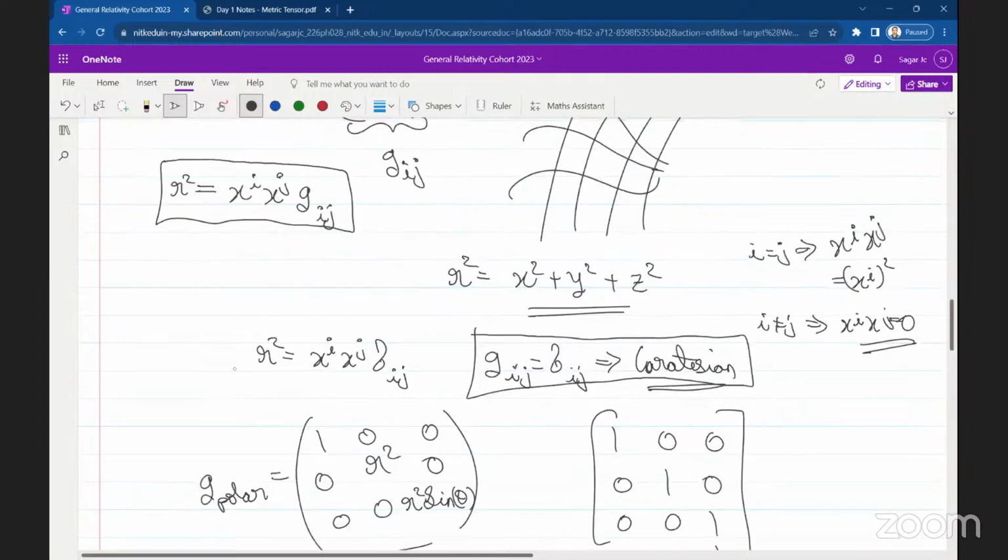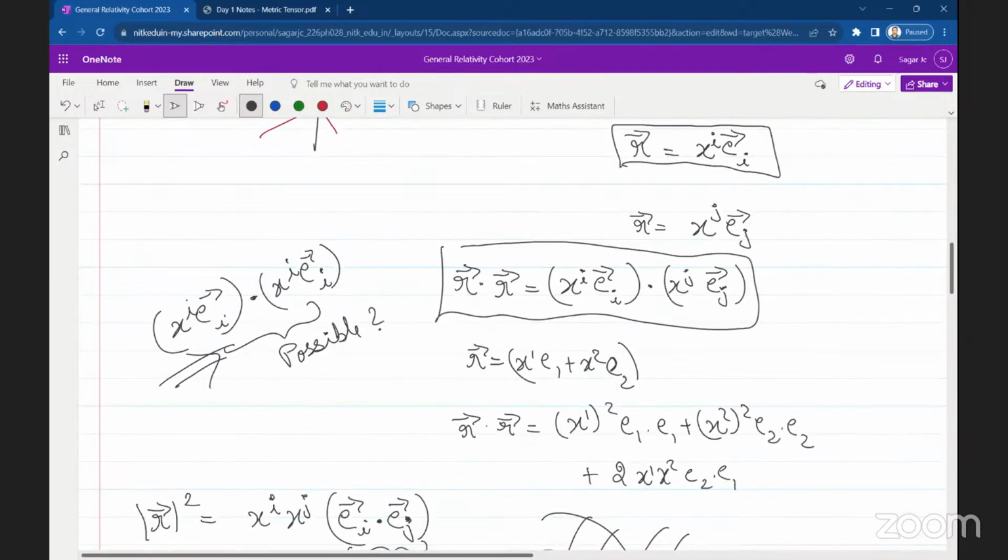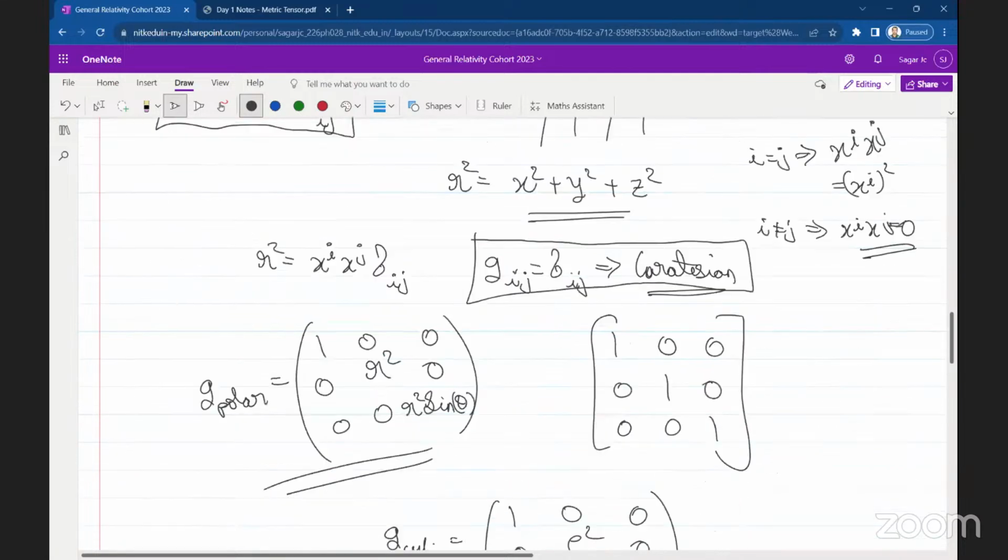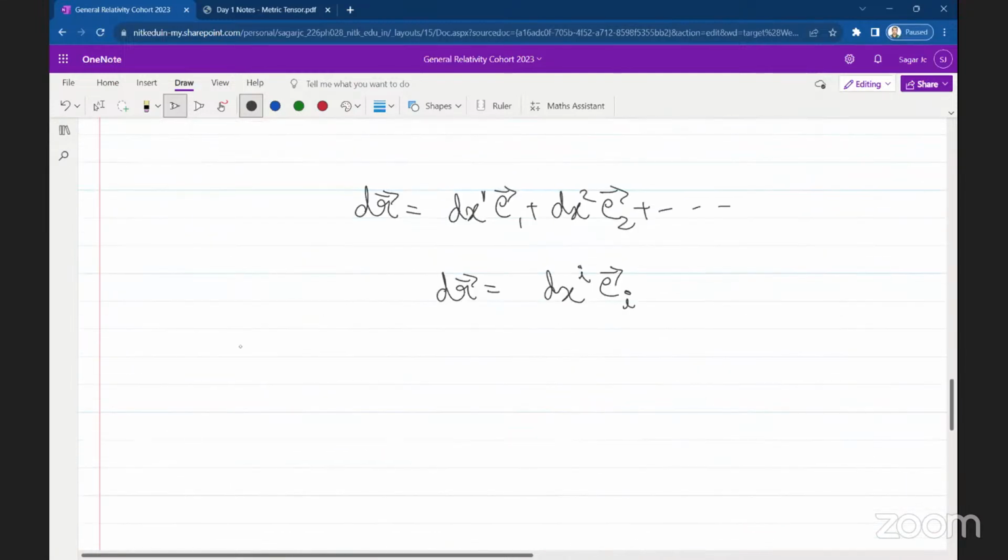Similarly to how I wrote r, but now we are talking about an infinitesimally small position vector, dr. So now ds square will be just dr vector dot dr vector.